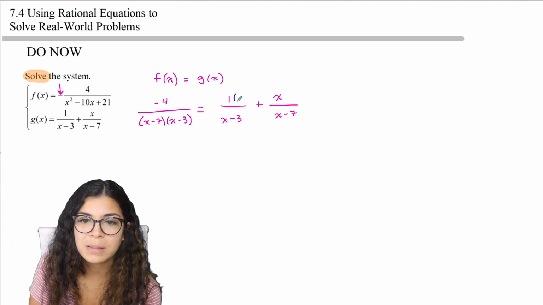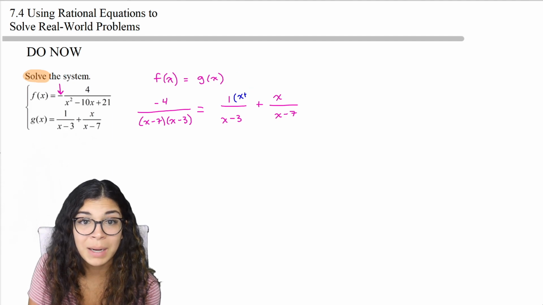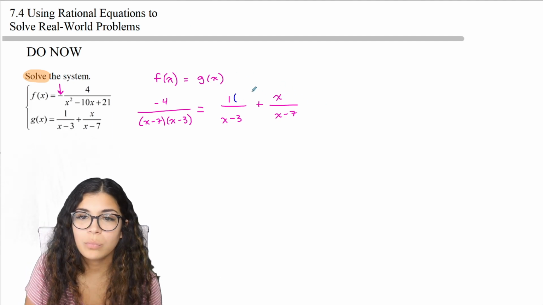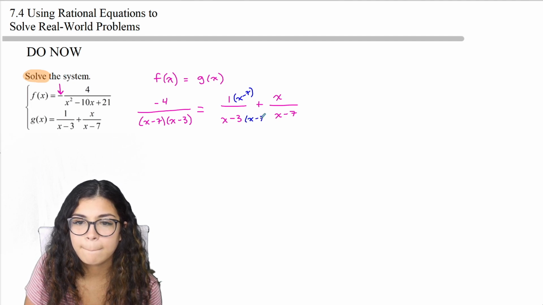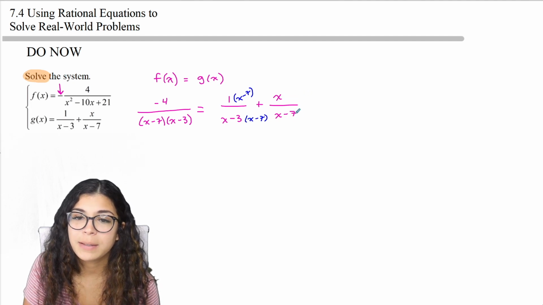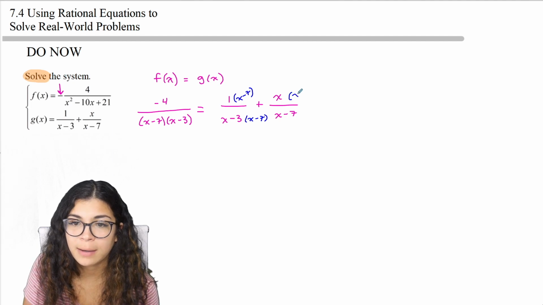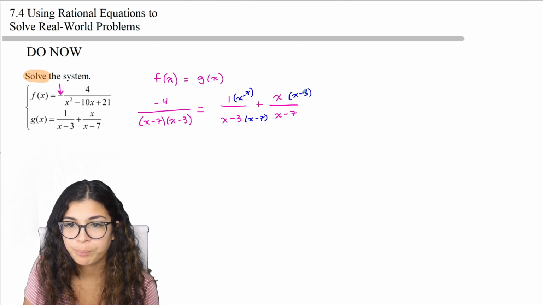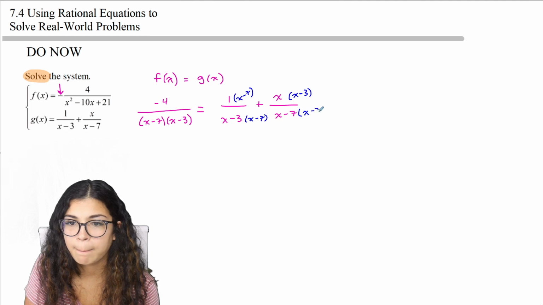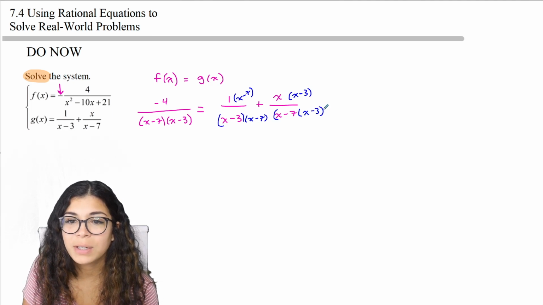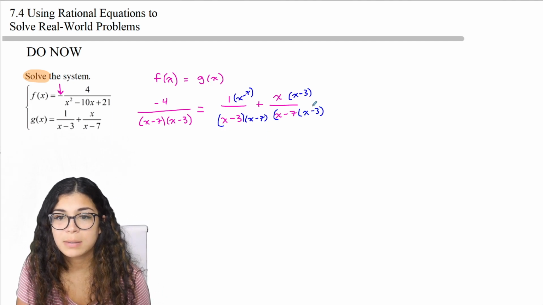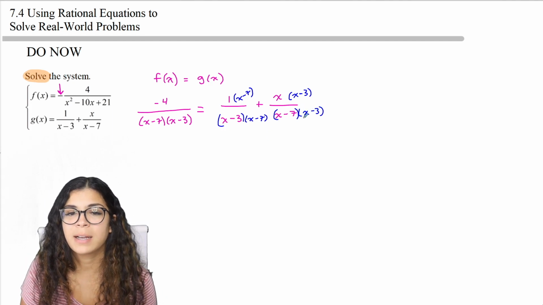So I'm going to multiply the top and the bottom by x minus 7. And I'm going to multiply the top and the bottom of this fraction by x minus 3. Okay, now that will make all of the denominators x minus 7 times x minus 3.